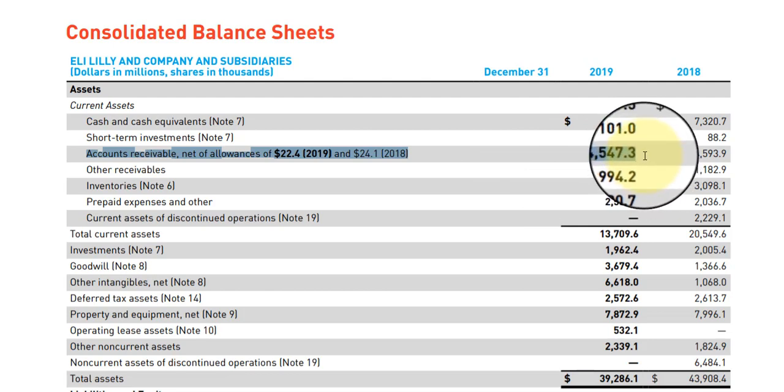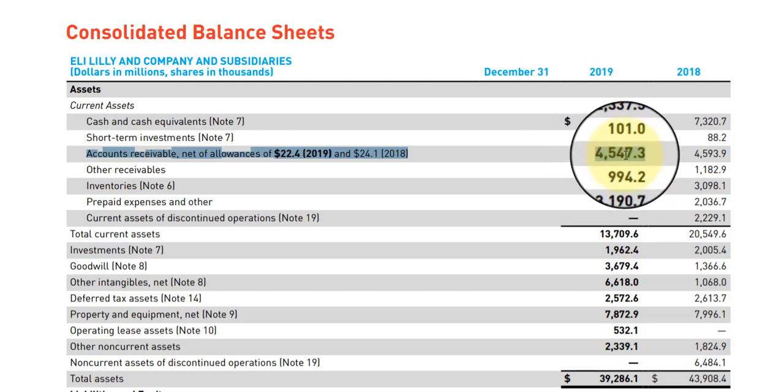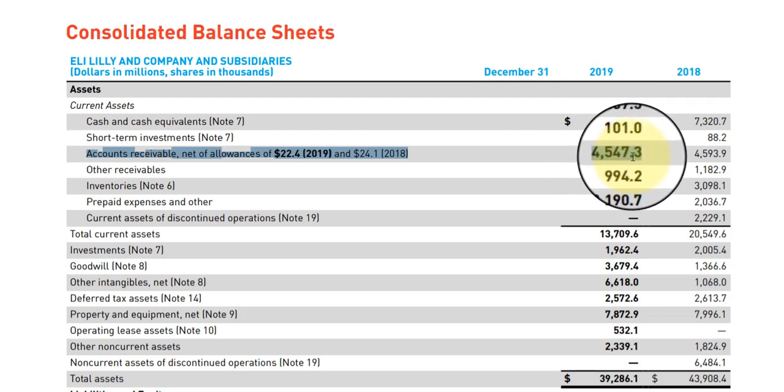That's the amount that is stated on this balance sheet for December 31st, 2019. That is the amount that they plan to receive, $4,547.3 million.